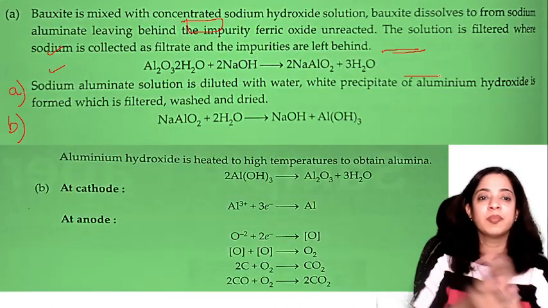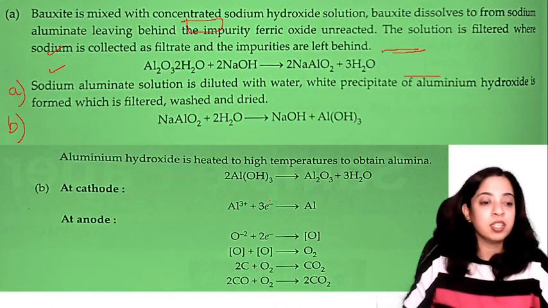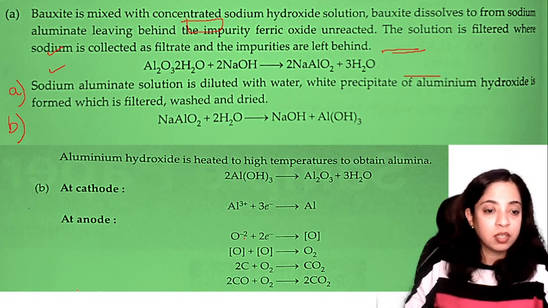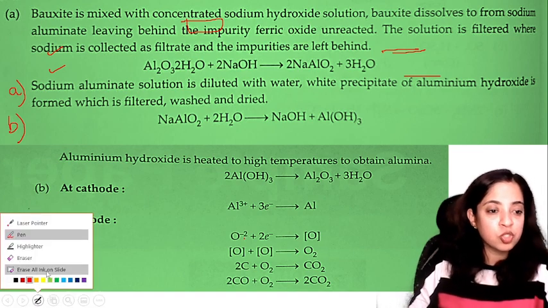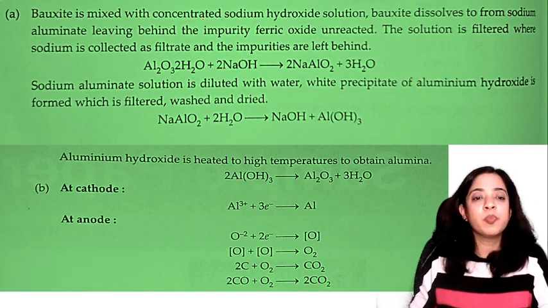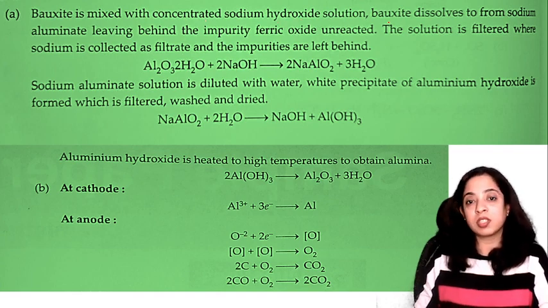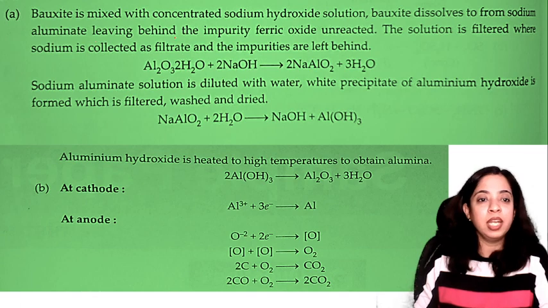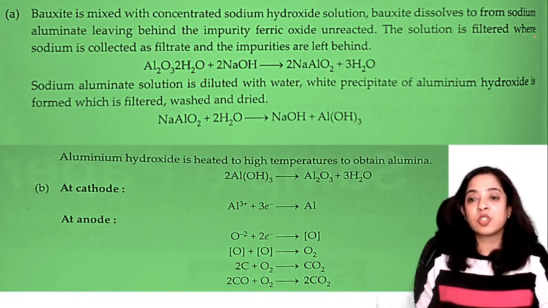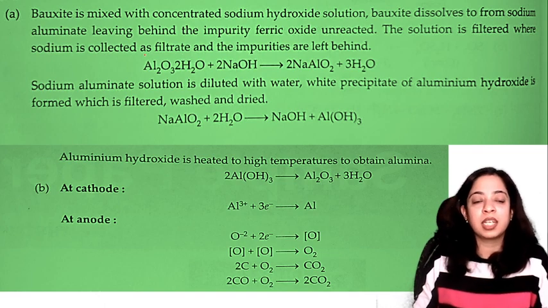So let's see. I have already explained this part in very much detail. Bauxite is mixed with concentrated sodium hydroxide solution. Bauxite dissolves to form sodium aluminate, leaving behind the impurity ferric oxide unreacted. The solution is filtered, where sodium aluminate is collected as filtrate and the impurities are left behind.